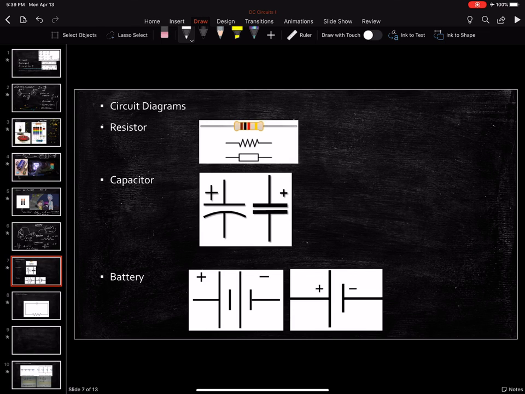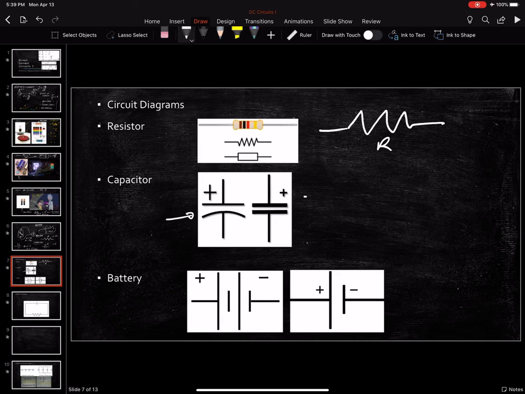People have chosen different ways of representing these things and still choose different ways of representing things. But I'm kind of going to stick with these ones. So resistors are sometimes written that way, but again, I'm going to do it as this jagged line. That's my resistor. In my capacitor, some people, the old-fashioned ones, draw it with kind of a curved line.